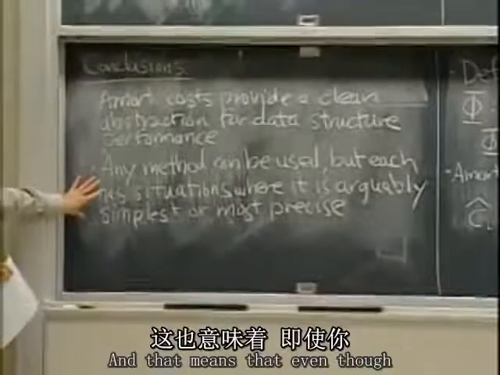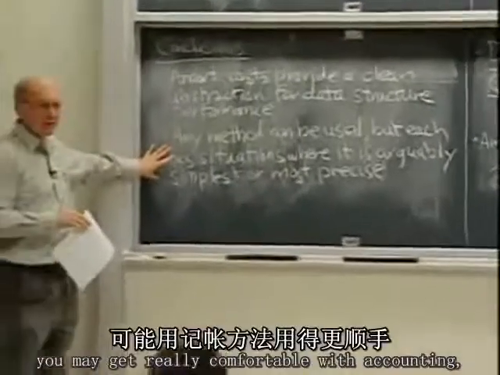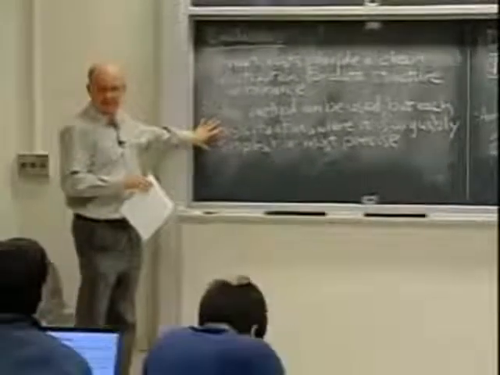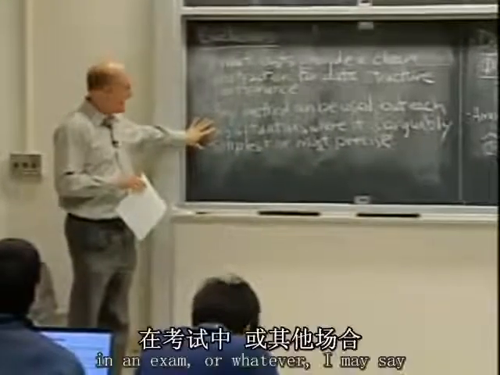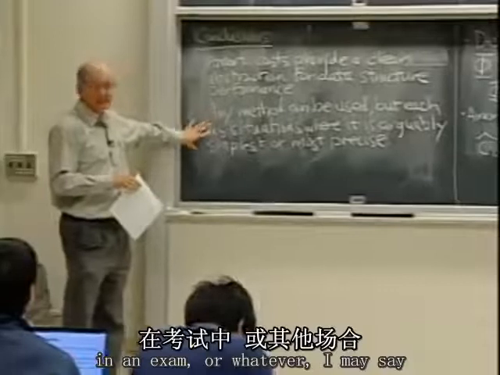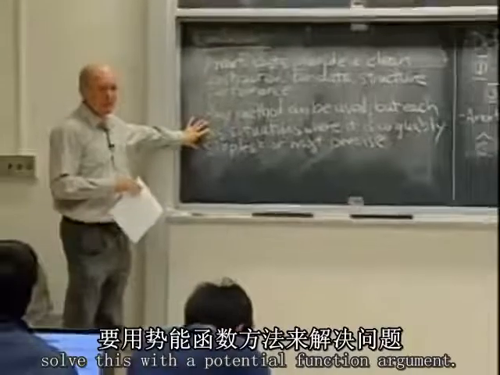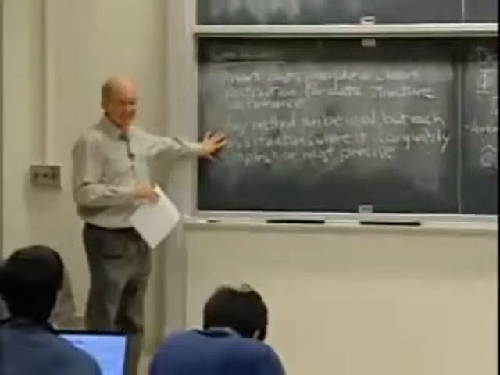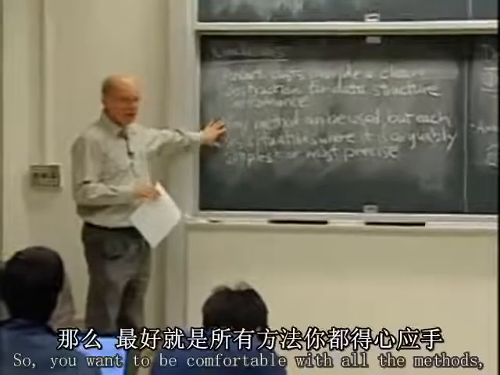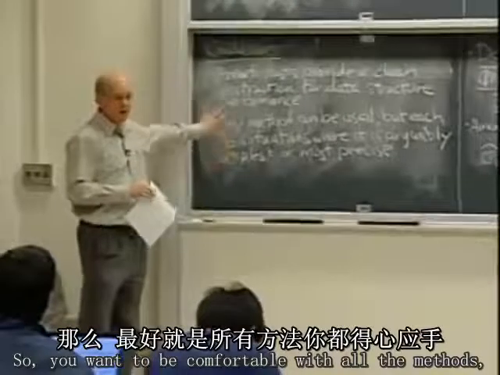And that means that even though you may get real comfortable with accounting, on an exam or whatever, I may say, solve this with a potential function argument. So you want to be comfortable with all the methods.